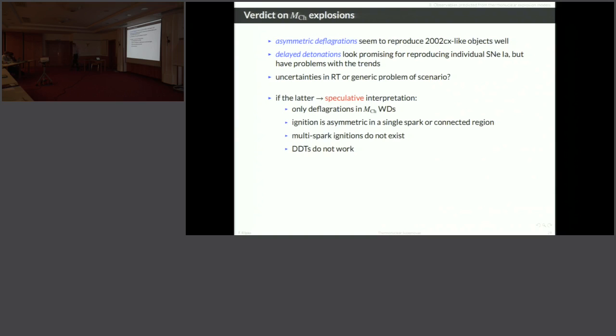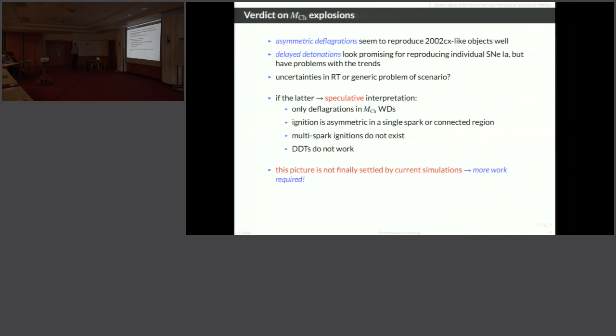Another argument in this direction is that population synthesis in most cases predicts that it is rather hard to form Chandrasekhar mass white dwarfs, and they could at best make up a few percent of the observed sample of Type Ia supernovae. This would go well in line with the interpretation that only 02cx-like objects are made by them.